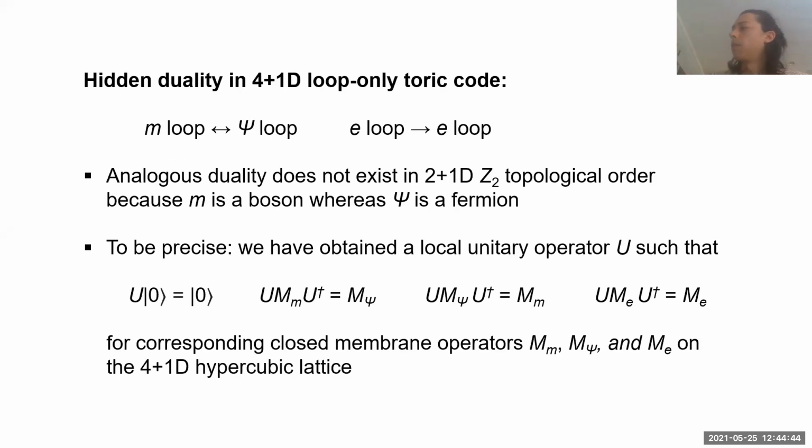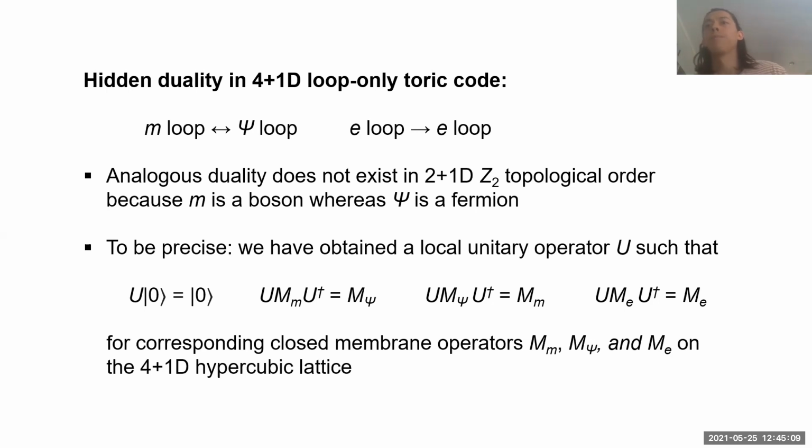But the result which I would like to share today is essentially that the 4+1d loop-only toric code has an additional so-called hidden duality, which permutes the M and psi loop excitations and leaves the E loop invariant.